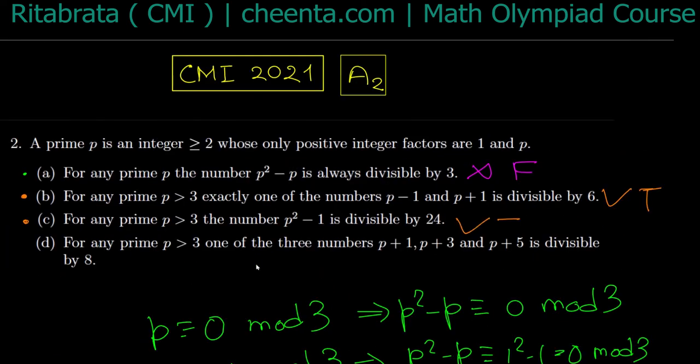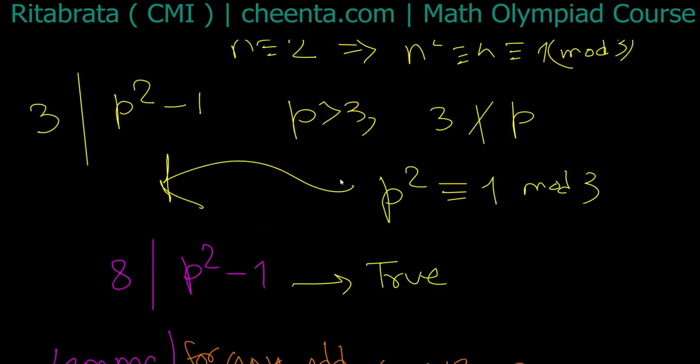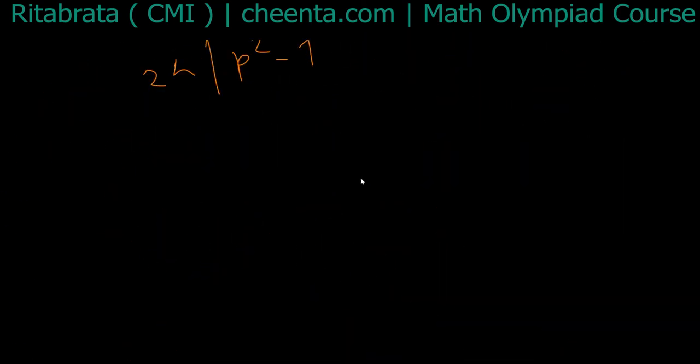This is also true. We need to see whether among p plus 1, p plus 3 and p plus 5, some of them are divisible by 8 or not. So we will do this by again checking cases.